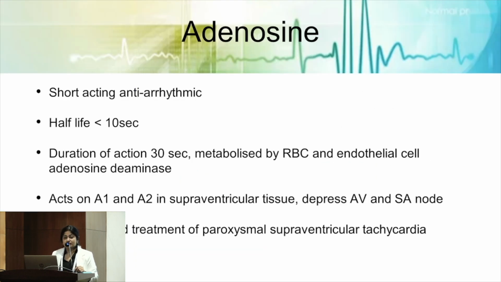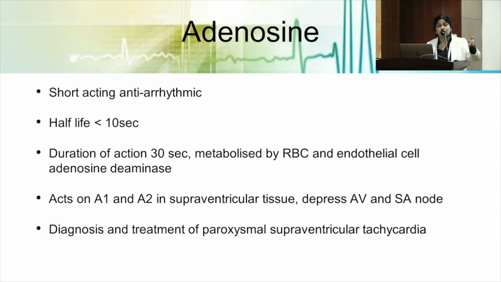Then adenosine. What is adenosine? It is a short-acting, extremely short-acting antiarrhythmic. Half-life 10 seconds. Action lasts up to 30 seconds. It acts on the A1 and A2 receptors in the SA node and AV node, depresses their activity, increases the refractory period, and hence it helps in supraventricular tachycardia. The rhythm coming through the accessory pathway, when it reaches the node, will be in the refractory period, so it won't get conducted.